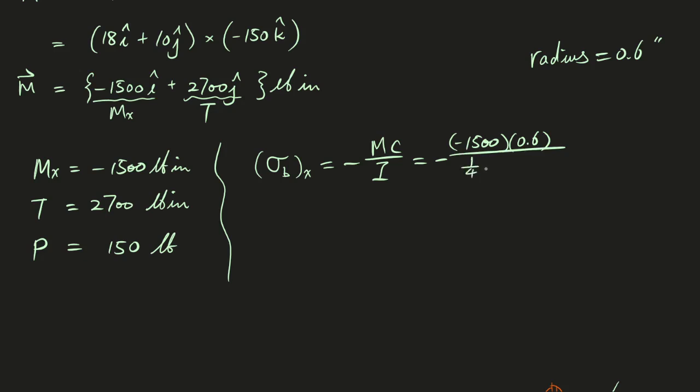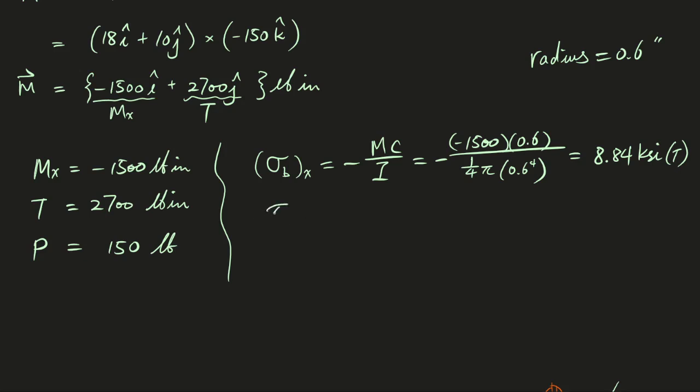I is a quarter pi and the radius to the fourth. This will roughly get you 8,842 psi in a tensile direction, but I'm going to be lazy. I'm going to call that 8.84 ksi, kilo pounds per square inch. That's tensile.